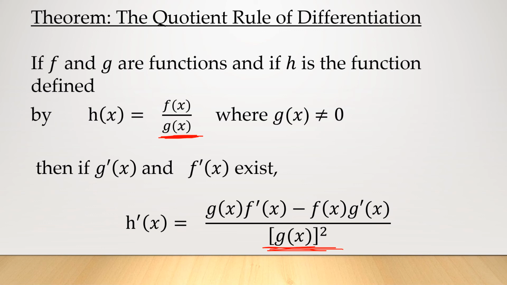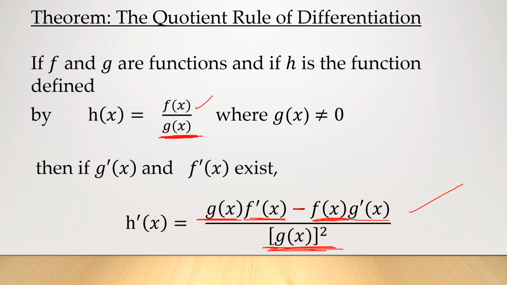Okay, square natin yung g of x. And then sa taas, sa dividend naman, yung g of x natin is as is lang, then multiply it to the derivative of f, yung nasa taas, then subtract it sa product ng f of x and then ng derivative ng g of x.